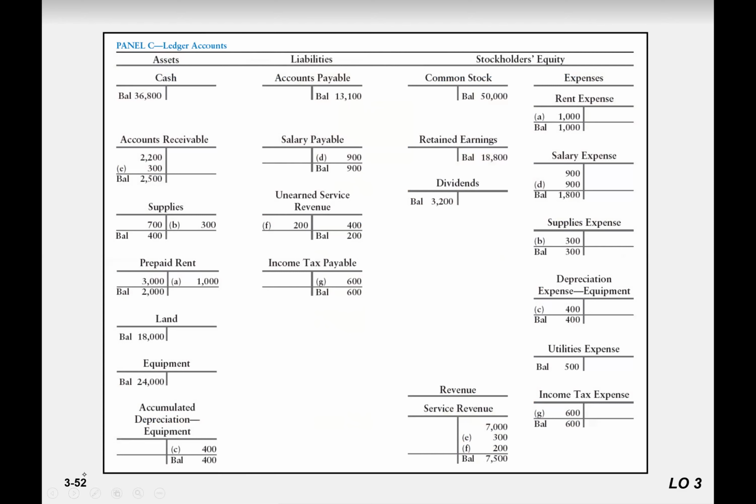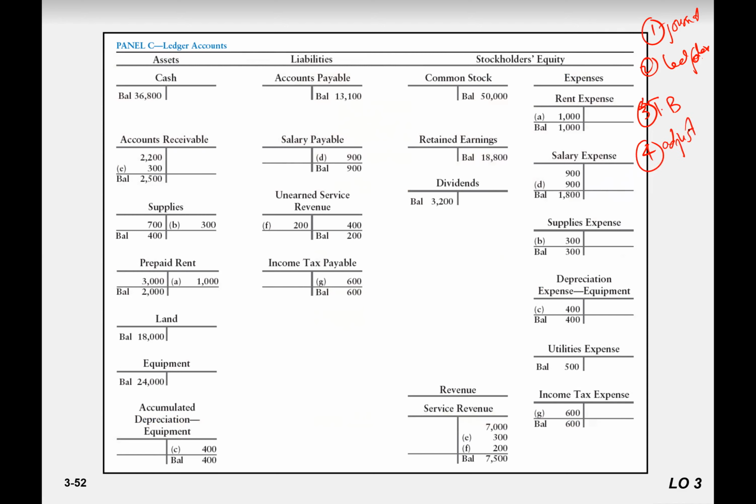And that's the ledger account you see. So first, we make the journal entry, and then we make ledgers. After making ledgers, we make the trial balance, right? And then we make adjustments.